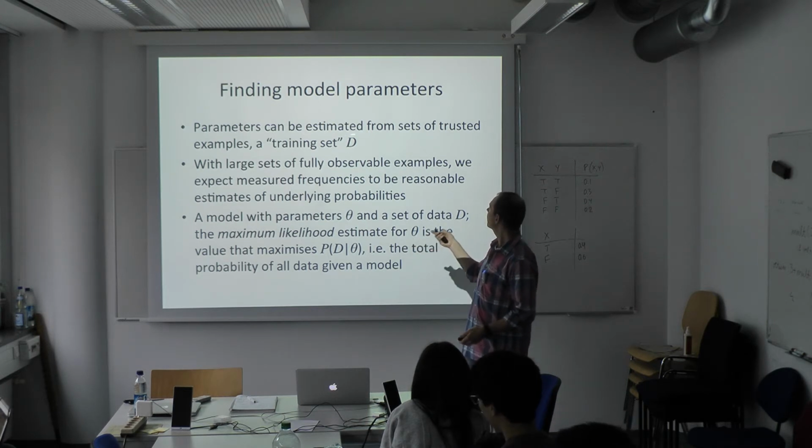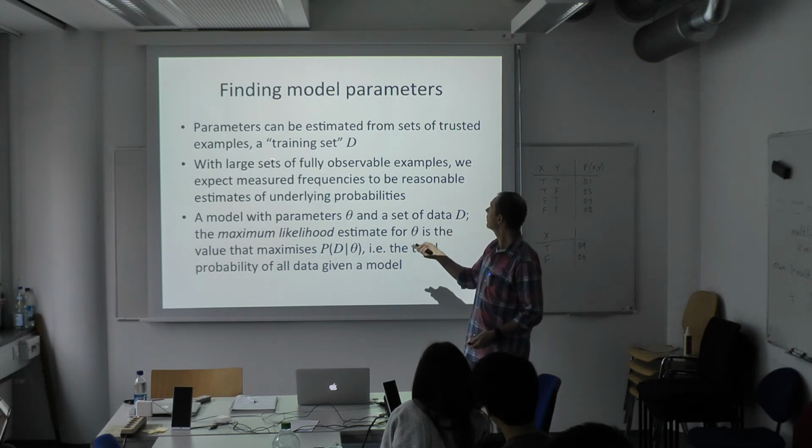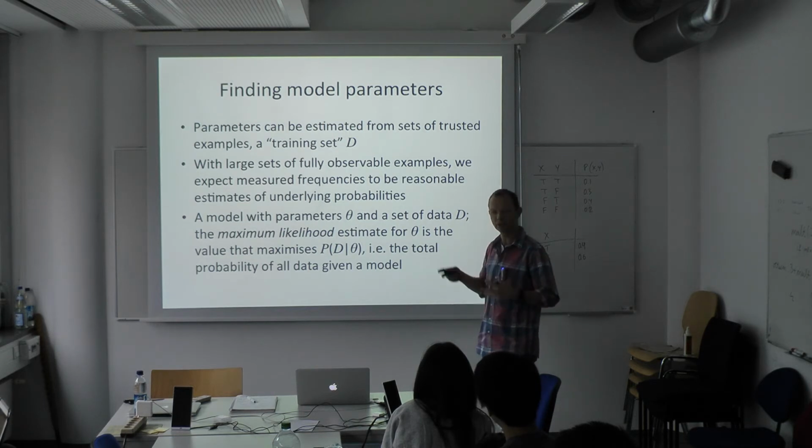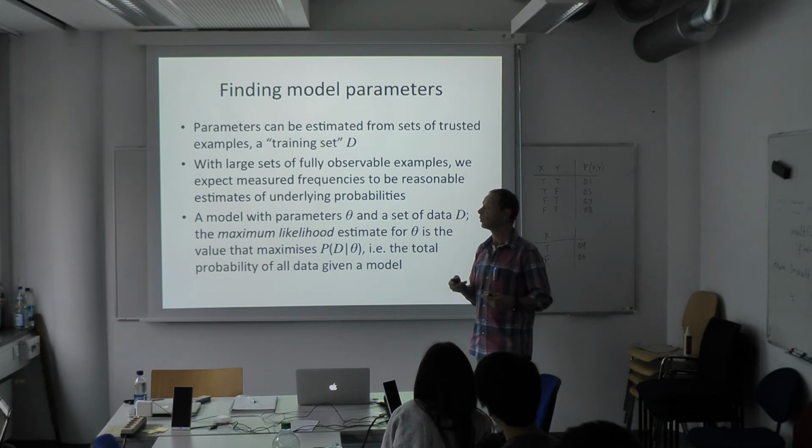So parameters can be estimated from sets of trusted examples, and we're going to refer to that as a training set, or D. And you've been looking at machine learning, right? So you would be familiar with this way of thinking about finding models.